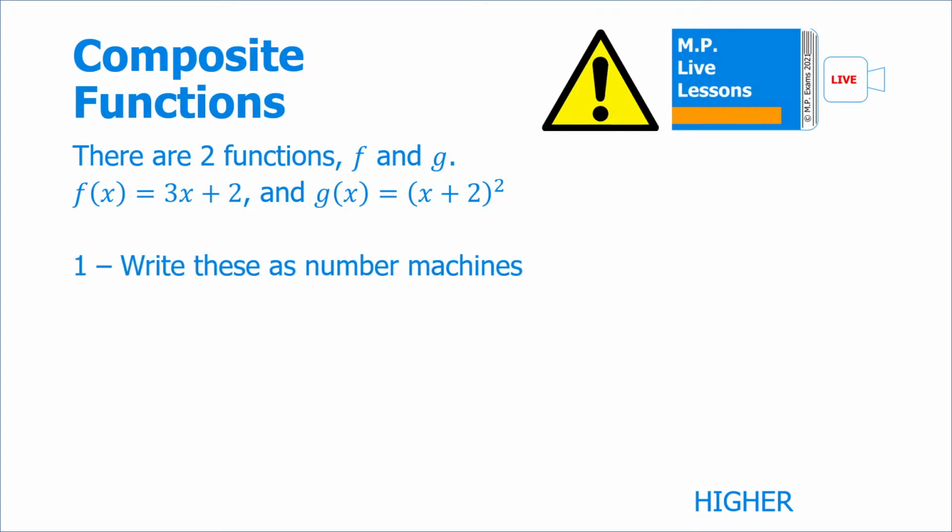Now, if we write both of them as number machines, we'll have our function f, so the input will first be multiplied by 3. So we see what's happening to x. It's first multiplied by 3, since there's nothing in between the 3 and the x.